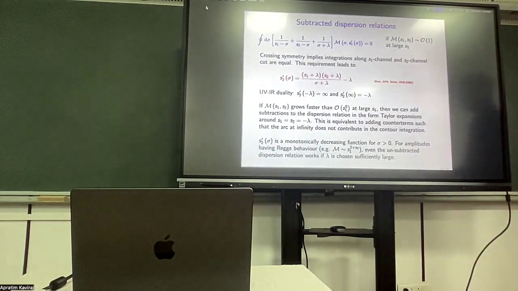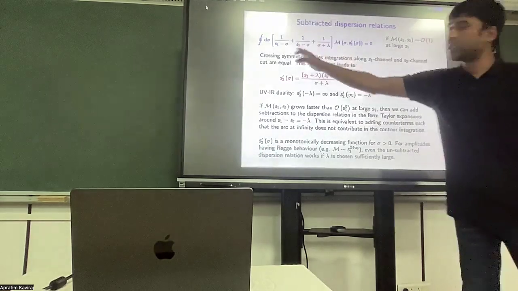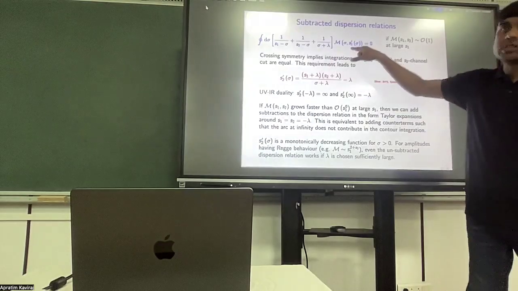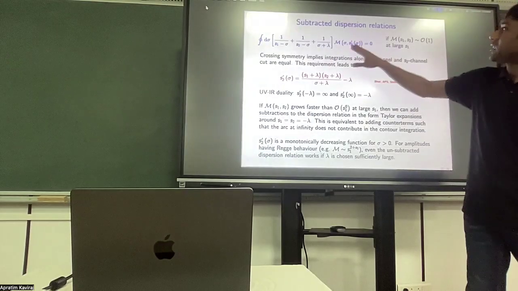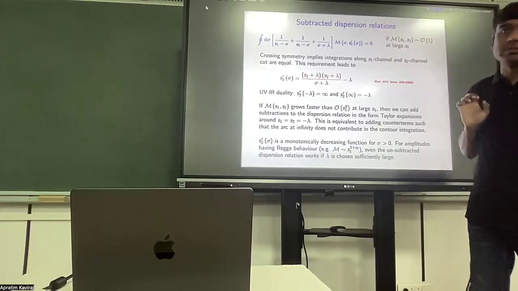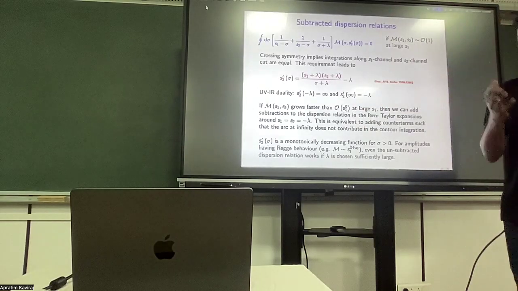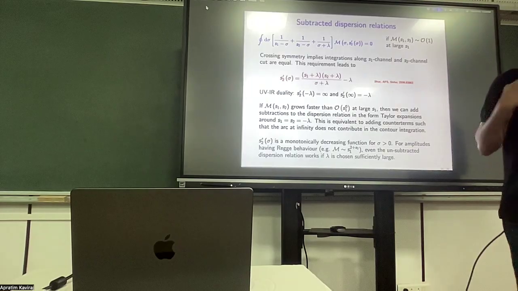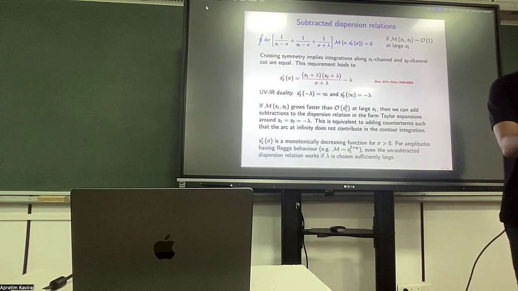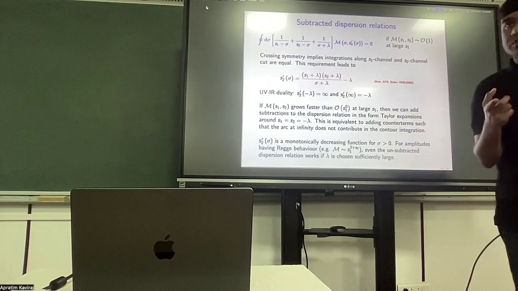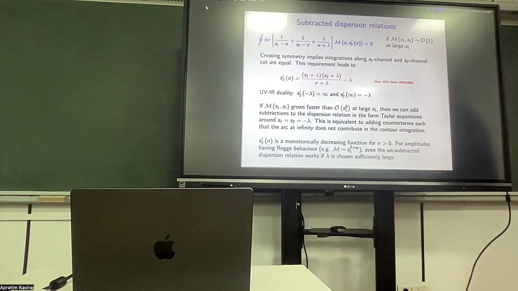What it means is that now instead of considering this contour integration, we have to add a few more terms, doing a Taylor expansion around S1 equal to minus lambda, S2 equal to minus lambda. Then we can get rid of the arc at infinity. What we will be left with is some unconstrained constants that we have to specify. That is like specifying more low energy data, or Wilson coefficients. So that is how we add subtractions, and that can also be done here.